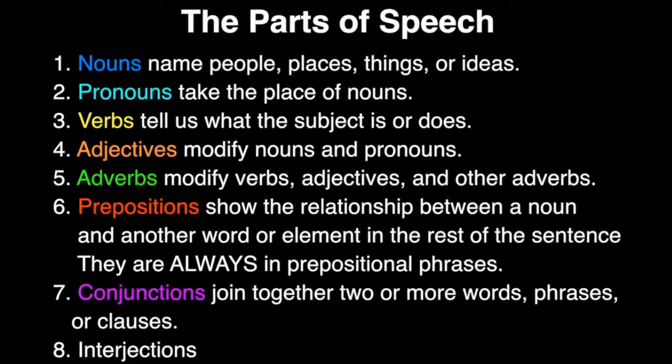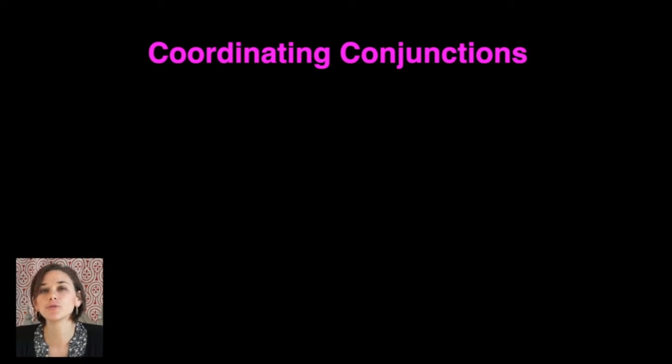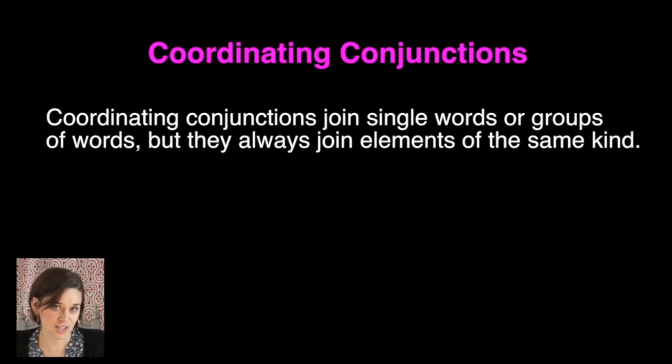There are 3 different types of conjunctions: coordinating, subordinating, and correlative. In this lesson and in the next few lessons, we're only going to be studying one type of conjunction: coordinating conjunctions. Coordinating conjunctions can join single words or groups of words, but they always connect elements of the same kind.